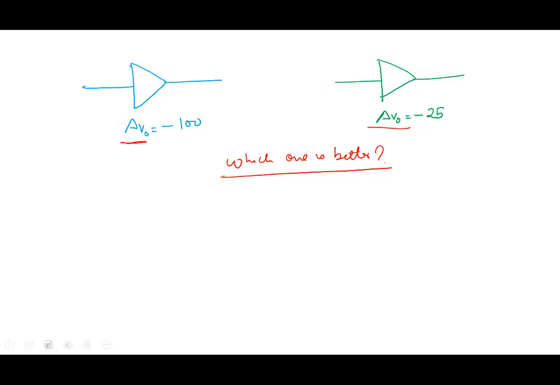For example, let's put an artificial case. Let's say Rn, just arbitrary, is 100 ohms, R0 is 1k. Let me add in the next case, AV0 is this much, Rn is 100k, and R0 is 10 ohms.